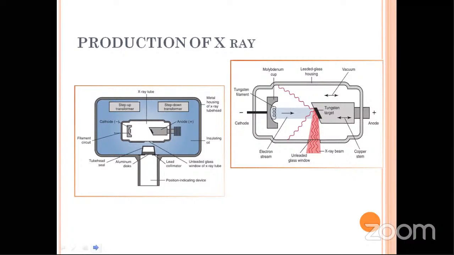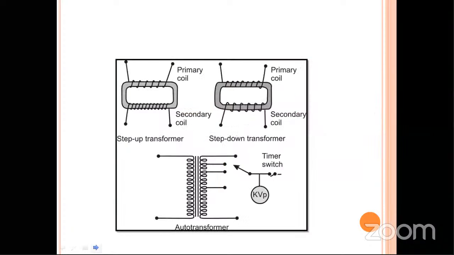Okay, you need to know each component of the X-ray tube and the function of each component, and that may be asked separately as an MCQ question. Okay, so 3 different types of transformers are used: the step up transformer, the step down transformer, and the auto transformer.